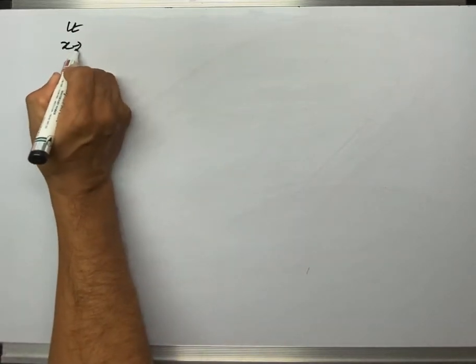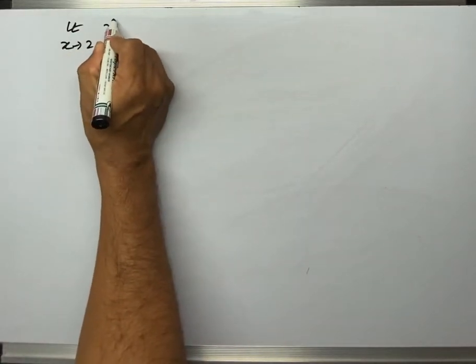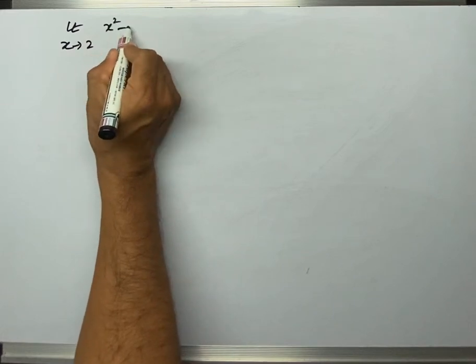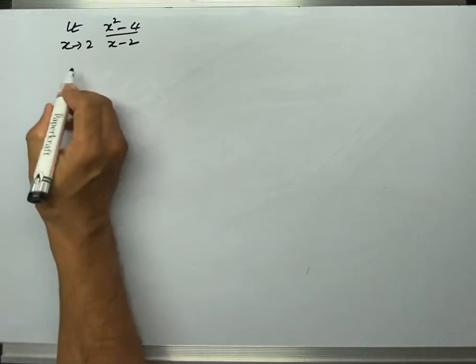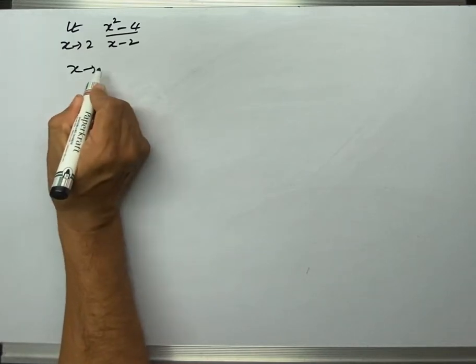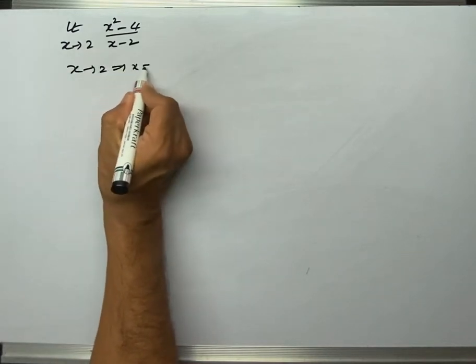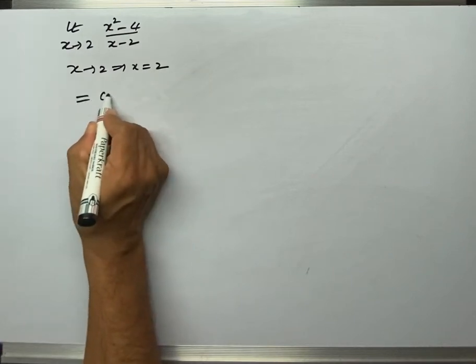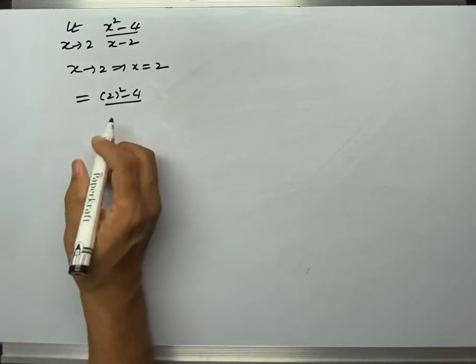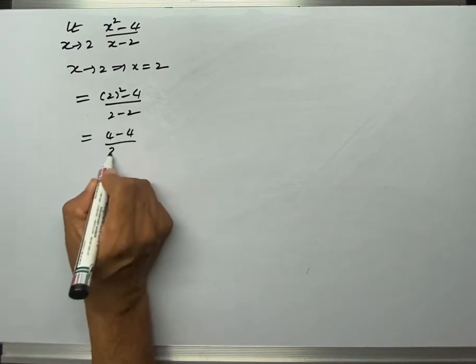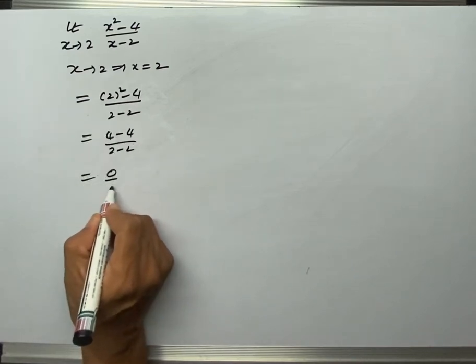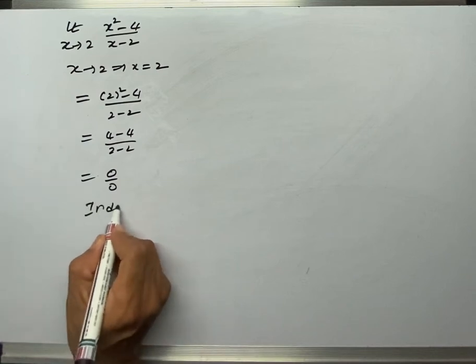Limit x tends to 2, x square minus 4 by x minus 2. We substitute x tends to 2 implies x is equal to 2. In place of x we substitute 2. 4 minus 4 by 2 minus 2, which is 0 by 0 indeterminate form.